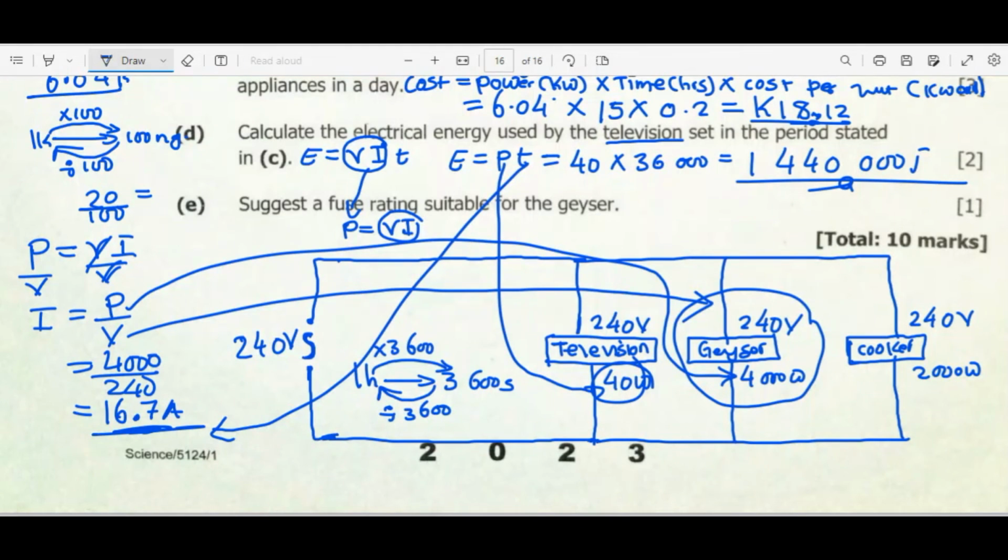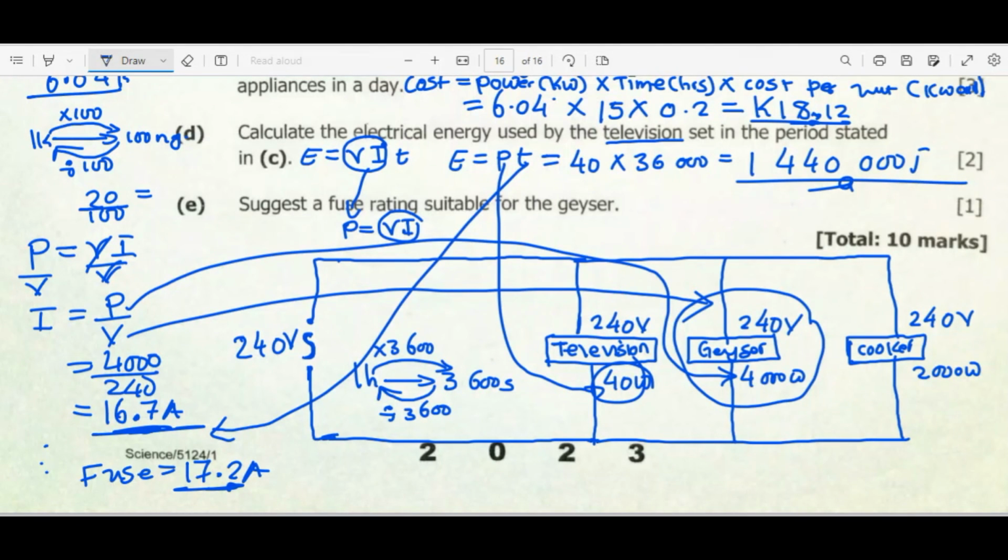Now, how can we find the fuse? For the fuse, you need to get the number that you have, in our case 16.7, and add 0.5. So my answer is 17.2 amps. So that's what you are supposed to do. You find the current, then you add 0.5, or sometimes you can even add 1.